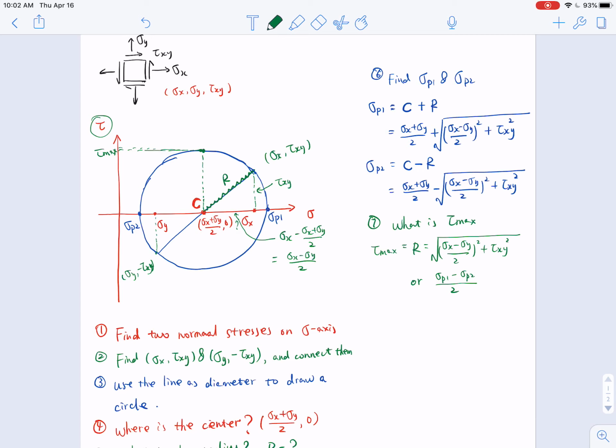Okay, then how can you get sigma p1? How can you get the maximum stress from the original random stress status?